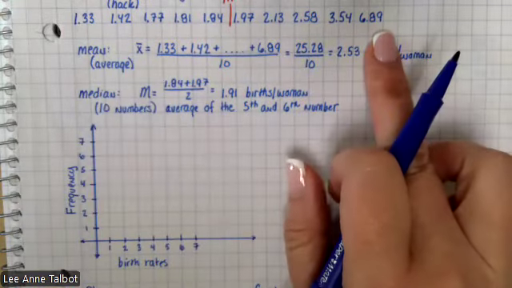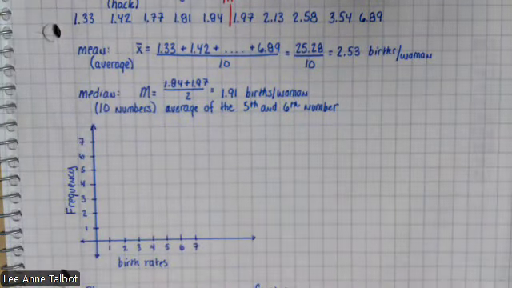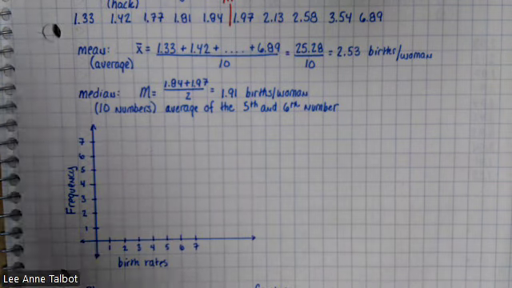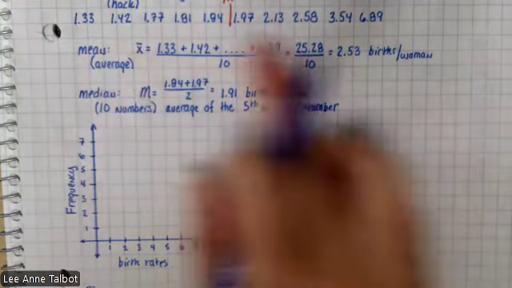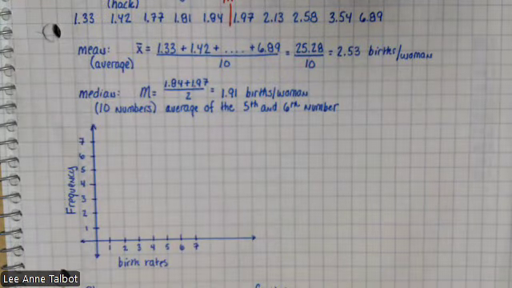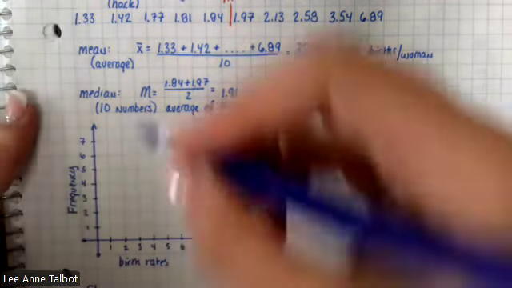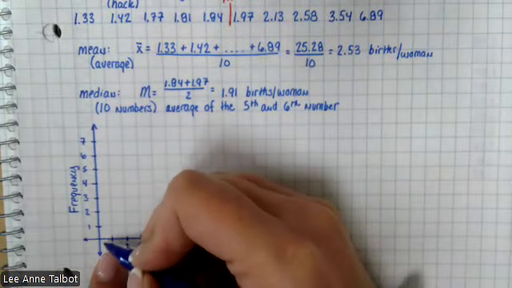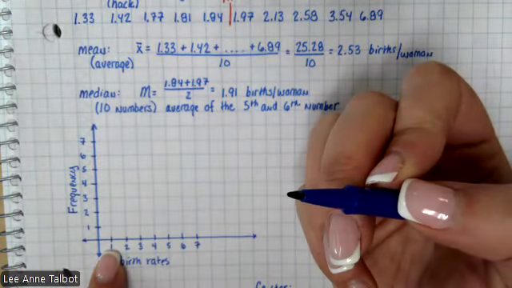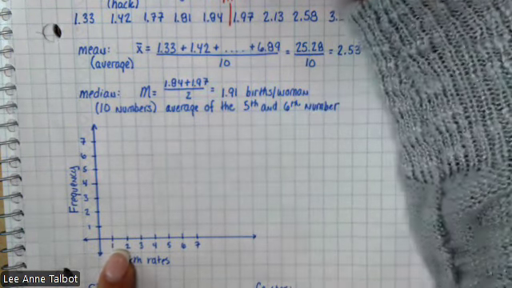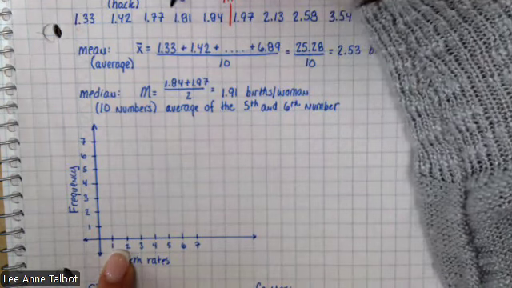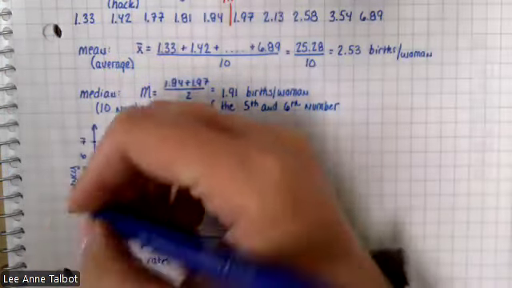We have a lot of decimals here, so I don't think we're going to have any trouble in this particular example because none of our decimals look like they're going to fall on any of the whole number bins, which is great. But let's count. I don't have any values between 0 and 1. And between 1 and 1.9 repeating, I have 1, 2, 3, 4, 5, 6 values.